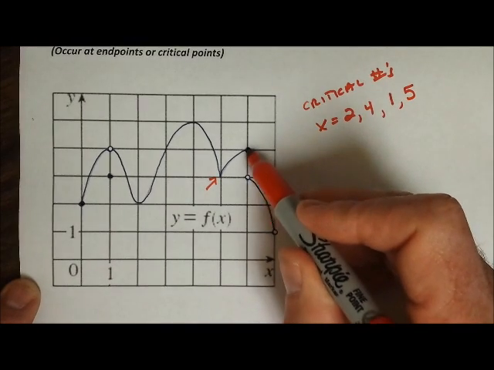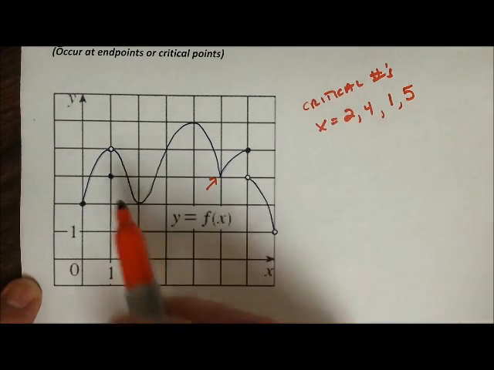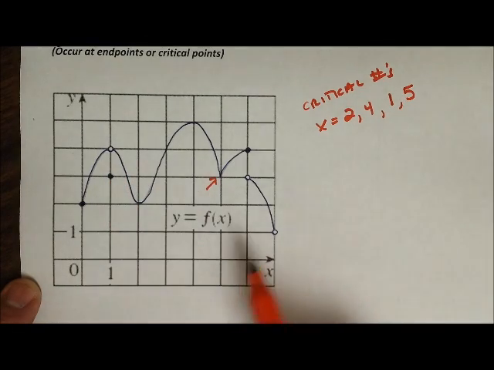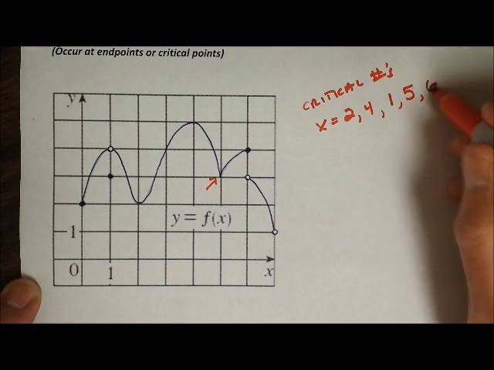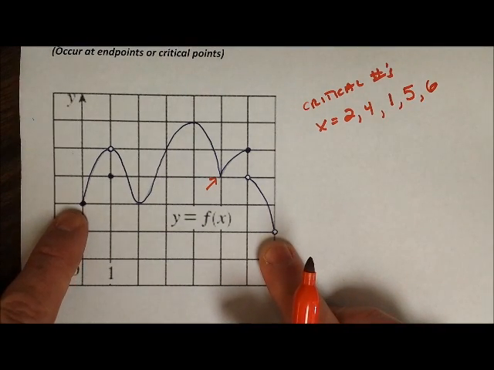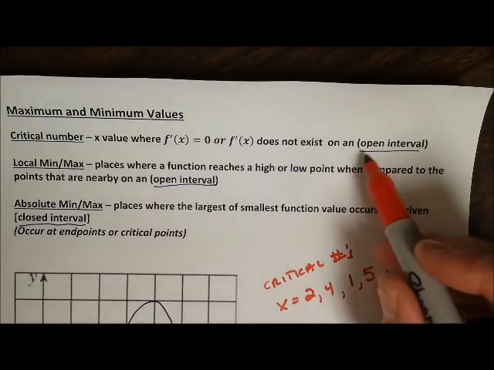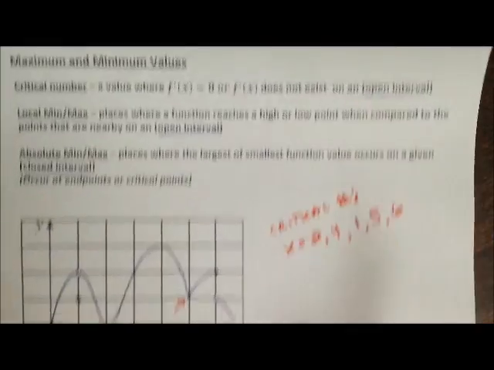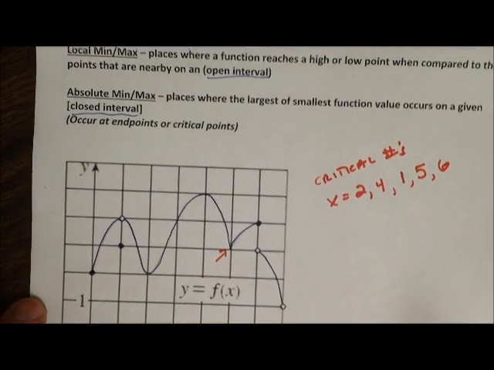And right here we have another discontinuity, this being a jump discontinuity, and this being a removable discontinuity. And so that's at 6. So that takes care of our critical numbers. Notice, even though we might consider the endpoints as derivative non-existent, that's true, but our definition says critical numbers occur on an open interval. So don't count these.